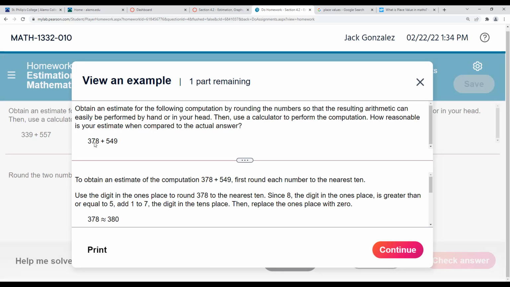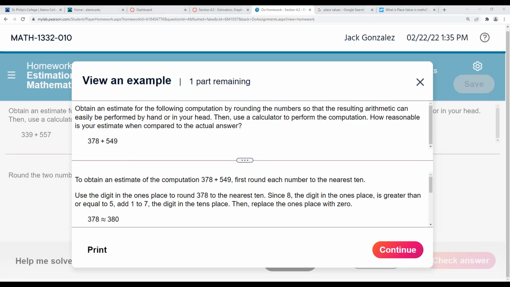So what is that going to round to in the tens place? Okay. So we got 378 plus 549.